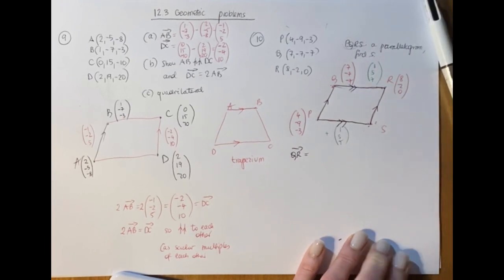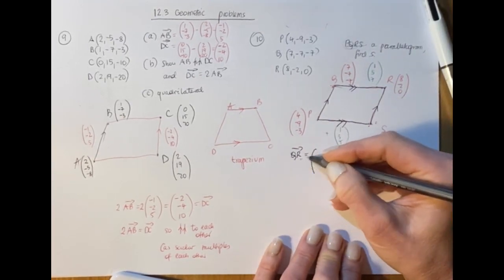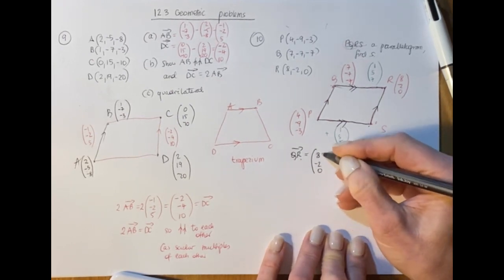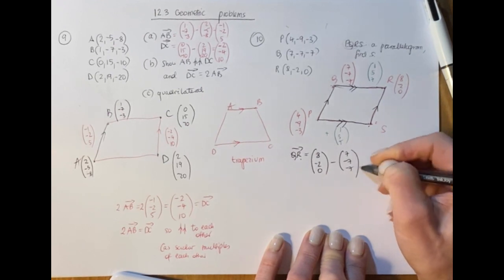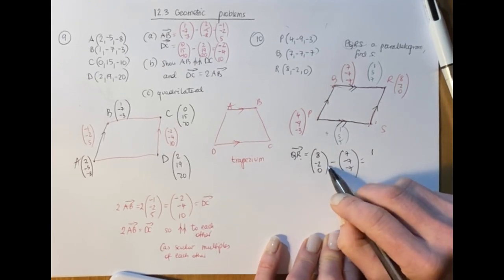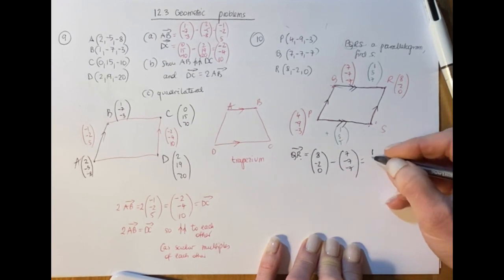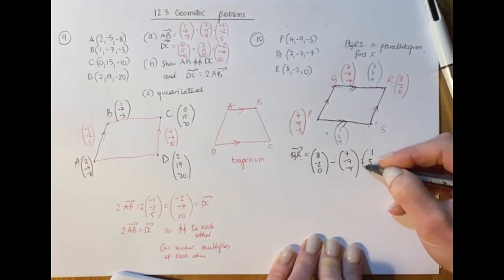Let me just check whether I've done the vector QR correctly. So it's (8, -2, 0) subtract (7, -7, -7), and you get 8 take away 7, which is 1, -2 take away -7, -2 add 7, that's 5, 0 take away -7 is 7, so that's correct.